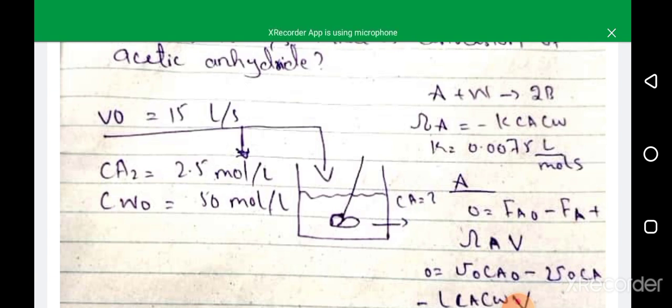CA0 is equal to 2.5 moles, CW0 is equal to 50 moles. Now I can write that in terms of the volumetric flow rate, the consideration is liquid phase, the volumetric flow rate does not change and is constant, and we have the reaction in terms of the volumetric reactor. This equation is complicated. If we solve this equation with the energy balance, it is complicated.